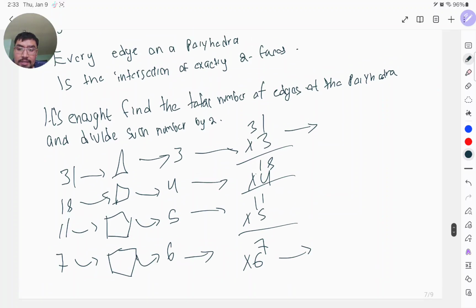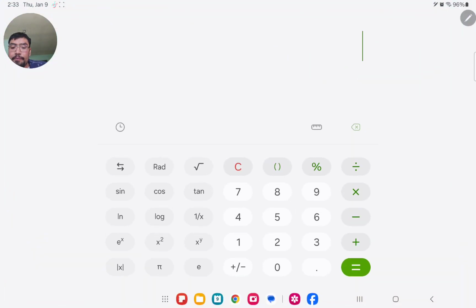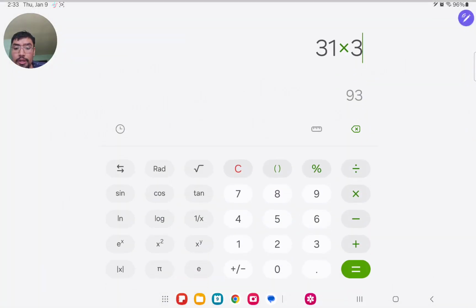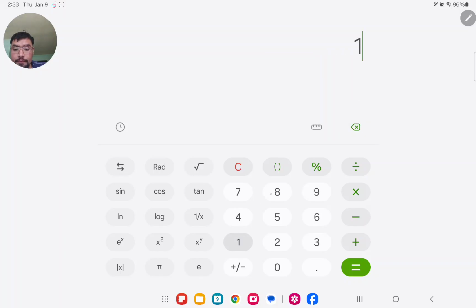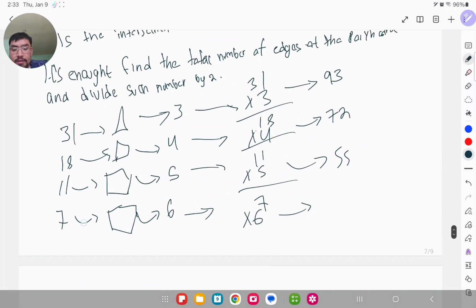Let's calculate those numbers. 31 times 3 is 93, 18 times 4 is 72, 5 times 11 is 55, and 6 times 7 is 42.